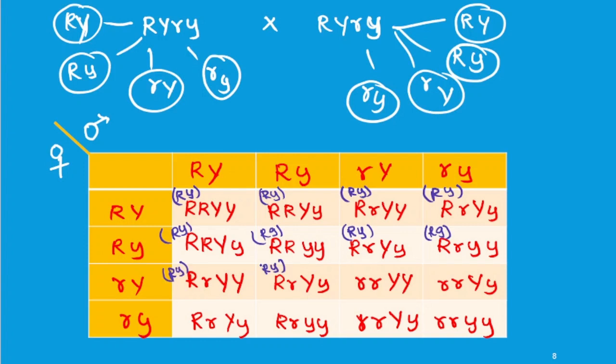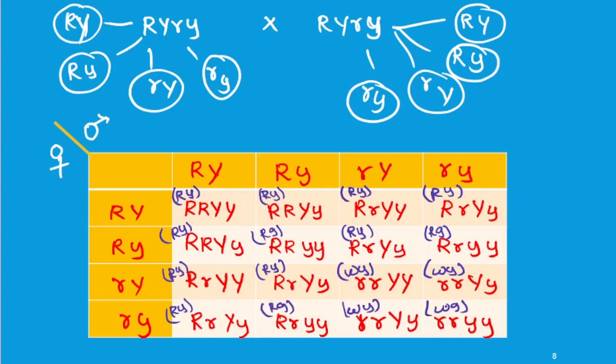This is wrinkled yellow. This is round yellow. This is round green. This is wrinkled, so it is wrinkled green.